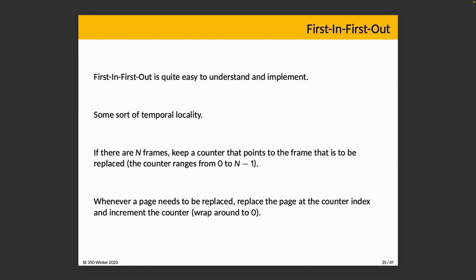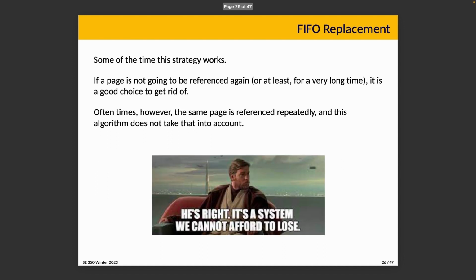But does this work? Sometimes yes and sometimes no, right? If the page that we're referencing is not going to be referenced again, or at least not for a very long time, it's a good choice to get rid of, right? If we load data, we process that data, and then we never need that data again for the operation that we're doing, throwing it away when it gets old is fine, and that kind of makes sense.